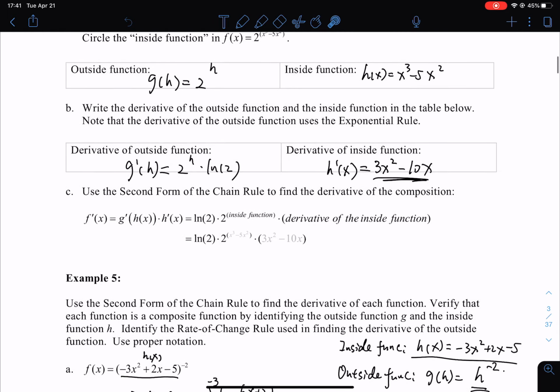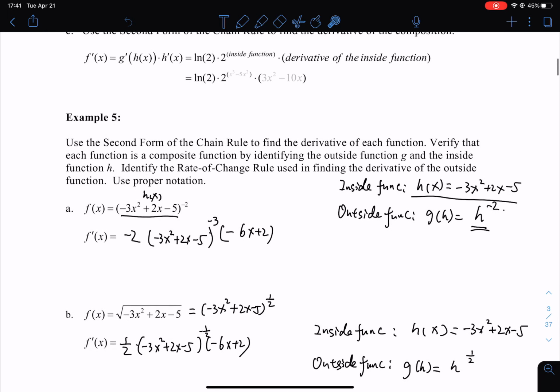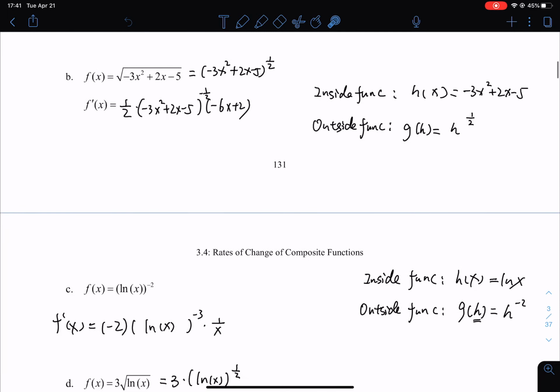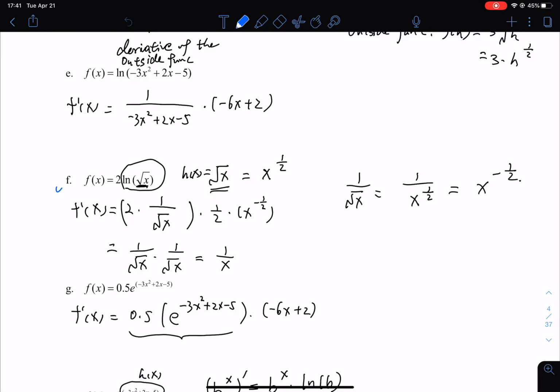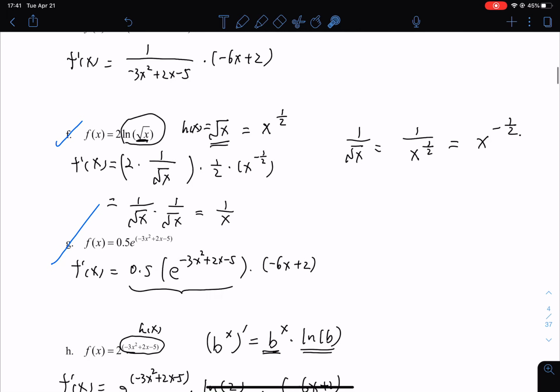Let's see 3 more examples. F and g. So this one is 2 multiplied by natural log of square root of x. The inside function is the square root of x, which is x to the 1/2 power. The outside function is 2 multiplied by natural log of h. So we take the derivative.